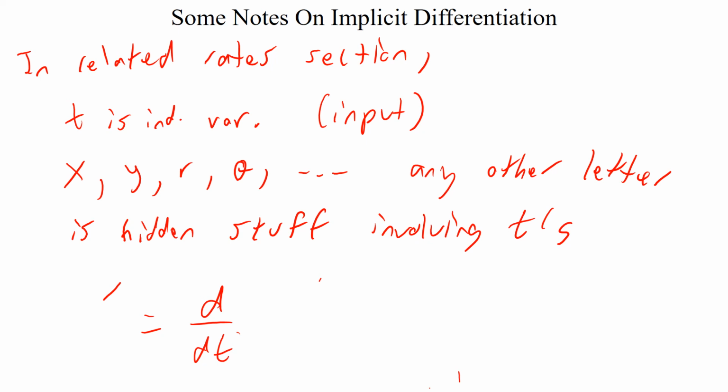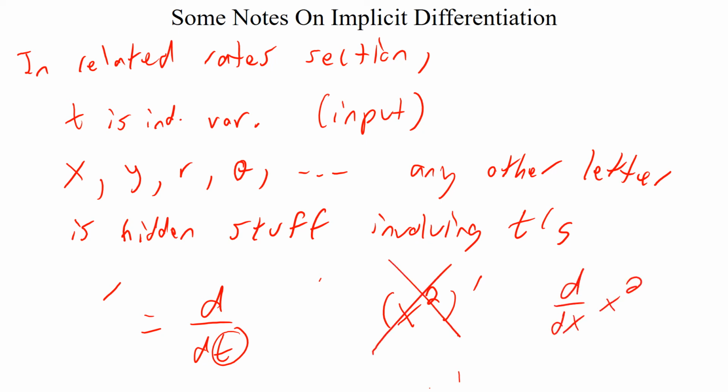So if I ask you to find the derivative of x squared and I write it like this, then you're going to be like, well, wait, what section am I in before I can answer this question? Am I in the related rate section? If I am, then it's not 2x. If I'm in the implicit differentiation section, then it is 2x. So that gets confusing. But if instead of using that notation, we use this notation, now you know that x is the variable and the derivative is 2x.